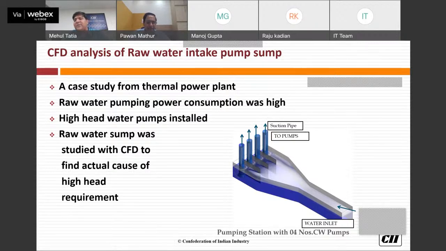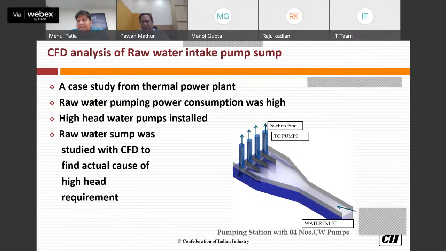Specifically, if you have a bigger CPP and you have a combined cooling water sump system, then if your overall specific energy consumption in the cooling water system is really high, then you can do a CFD analysis of your complete cooling water pumping system, your forebay, your pipelines which are connecting to condensers, and identify areas if that is the case.